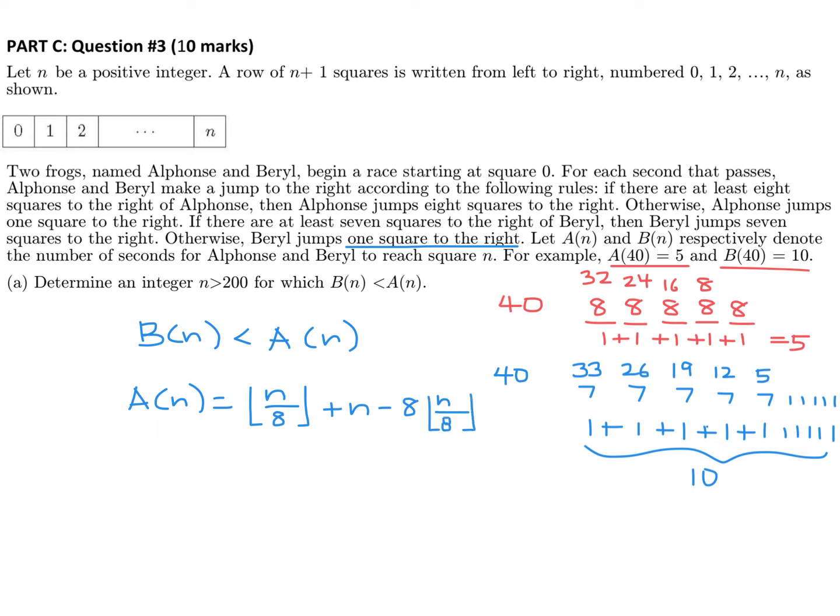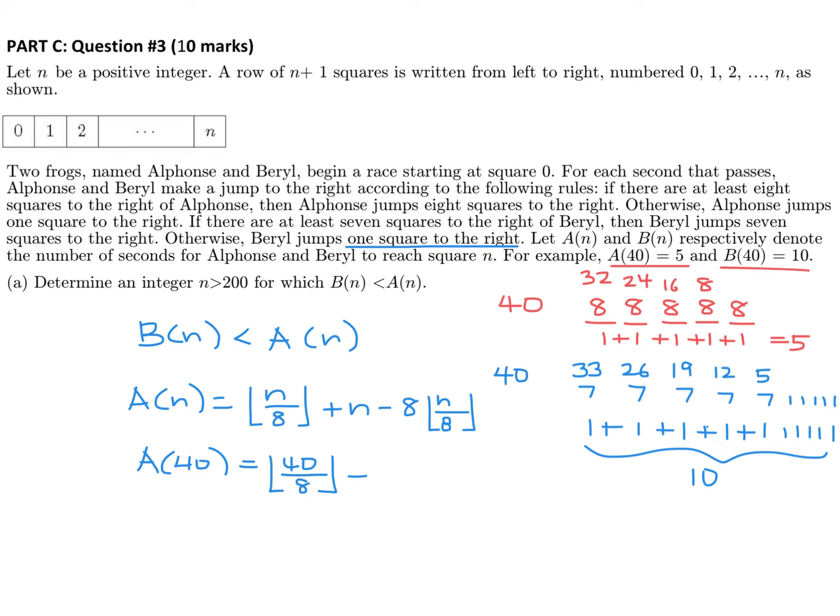For example, when n was 40, you took 40 divided by 8, and that gave the number of jumps he takes that are 8 in length.